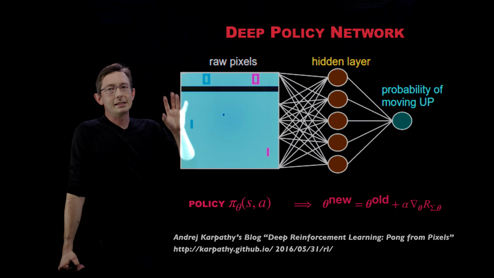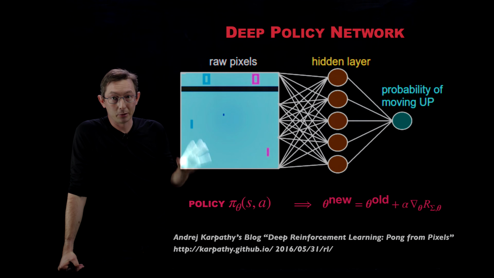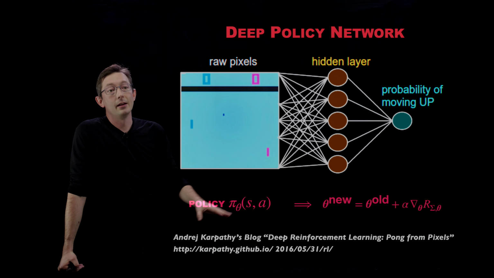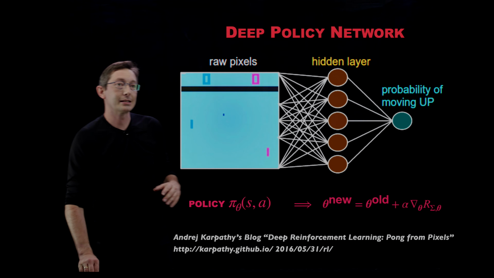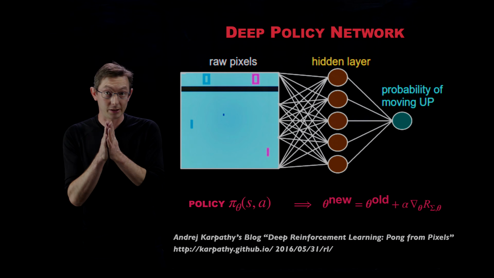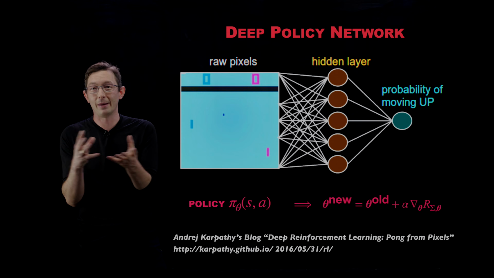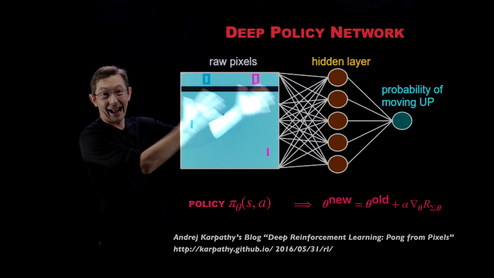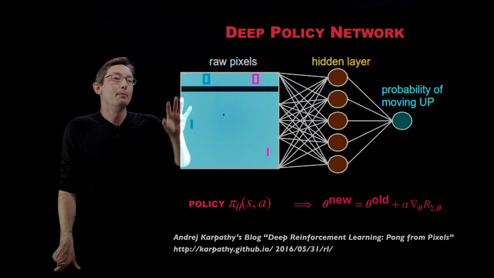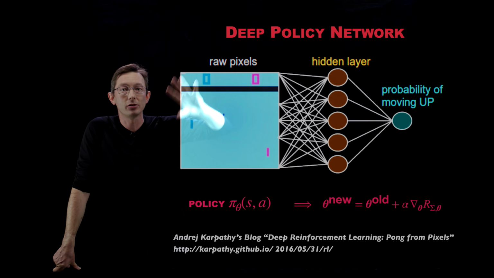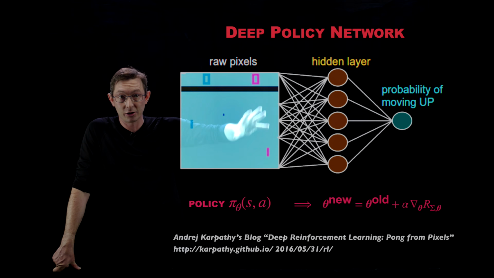There is a brilliant blog by Andrej Karpathy, Deep Reinforcement Learning: Pong from Pixels, where they walk through and provide Python code, about 150 lines, that codes up this deep policy network. It's really cool. Basically, you take a high-dimensional state S, a high-dimensional measurement of your system.